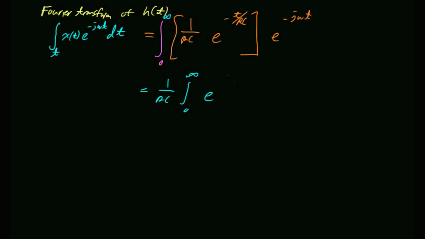That's 1 over RC integral from 0 to infinity of e to the minus, let's see if I can get this right on the first try, 1 over RC plus j omega, t dt. So far so good? Tell me if I'm lying. You agree? I agree too. All right. So far so good.